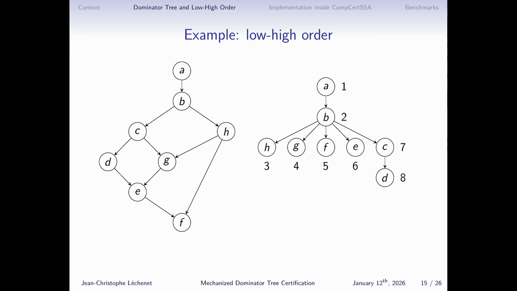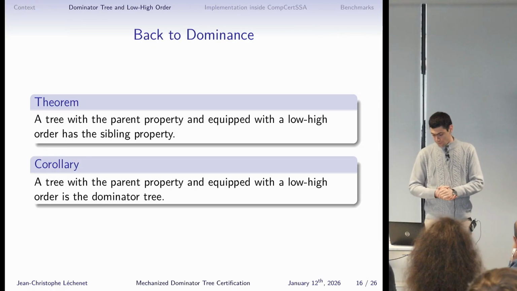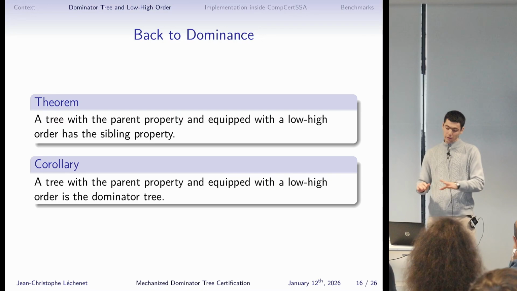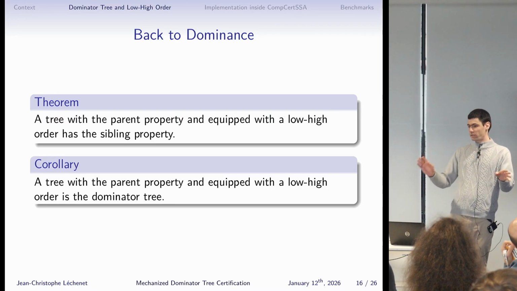In our example, I annotated the tree with a low-high order, and we can check, for instance, for node F, that indeed it has two predecessors, H and E, and H is smaller than F, which is smaller than E, and E is not a descendant of F in the tree. From this low-high order, we can construct two spanning trees.